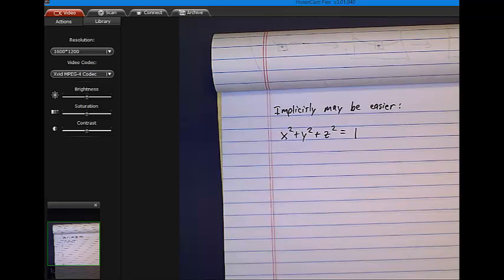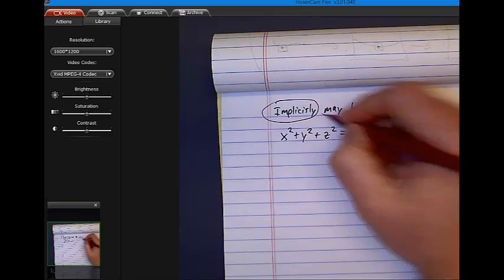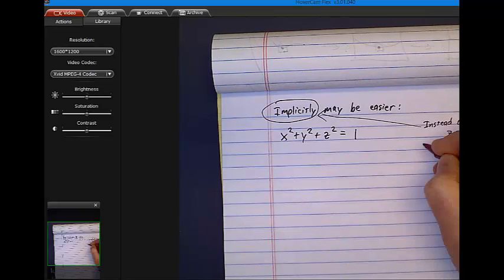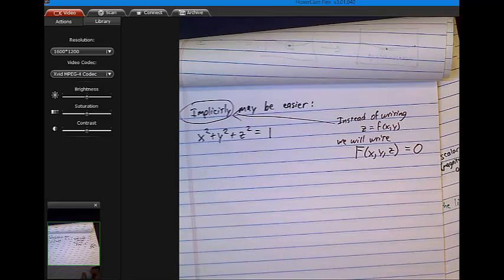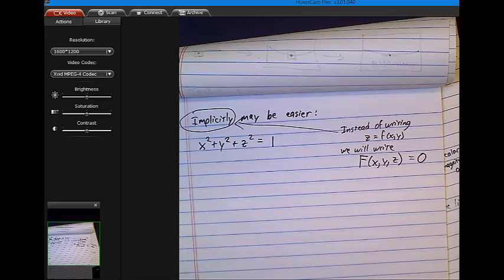And the idea of implicitly is, instead of writing z as a function of x and y, we will write big F of x, y, z equal to 0.